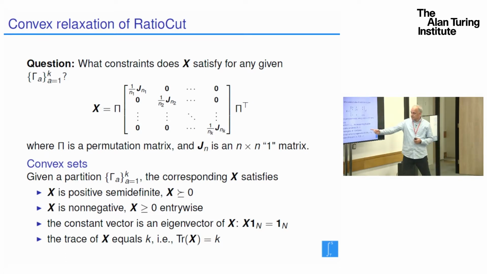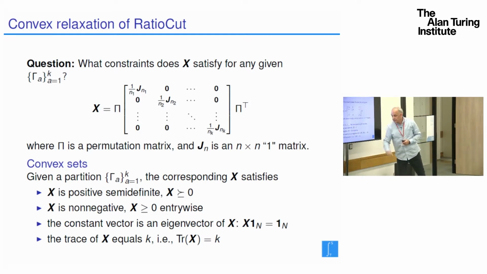Well, clearly this x must be positive semi-definite. It's entry-wise positive. This projection property is in part, not completely, but in part captured by these 2 properties here. And all these are convex sets. So we could say, well, instead of aiming for the true x, let's aim for an x that satisfies only these 4 properties.